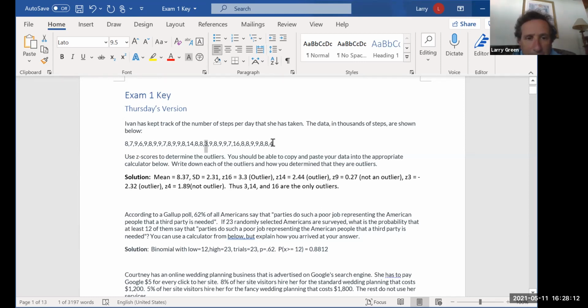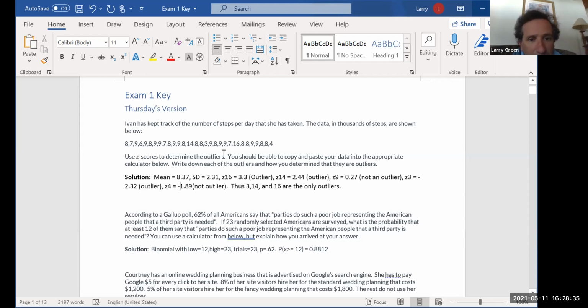Then you go to the next number, which is 4, and its Z score is -1.89, so that's not an outlier. You don't need to look at any other small numbers, because once you don't have an outlier, anything closer to the mean will not be an outlier. So then you look at the big numbers.